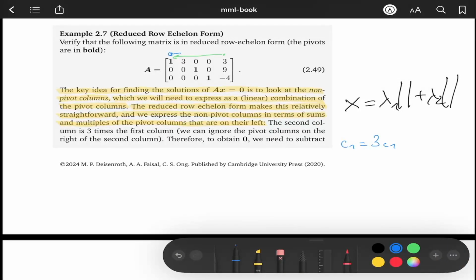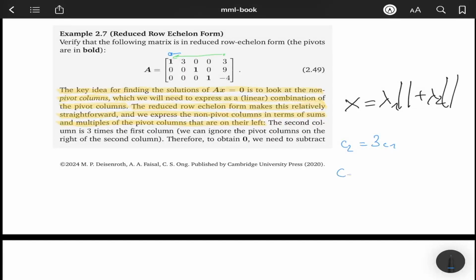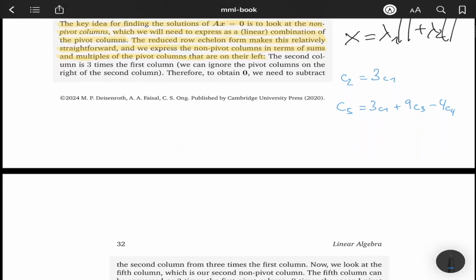C2 equals 3 times C1. And then we have C5, and that equals 3 times C1 and 9 times C3, and minus 4 times C4.